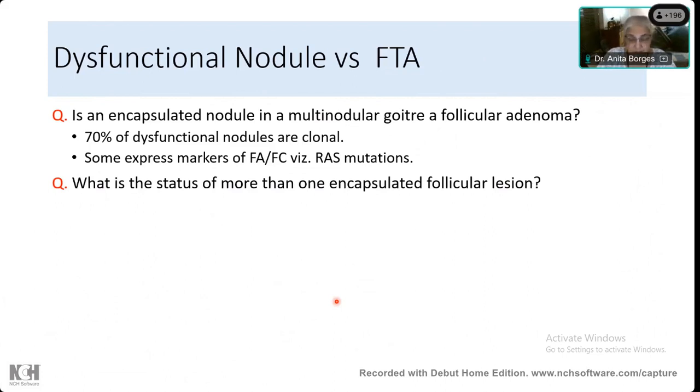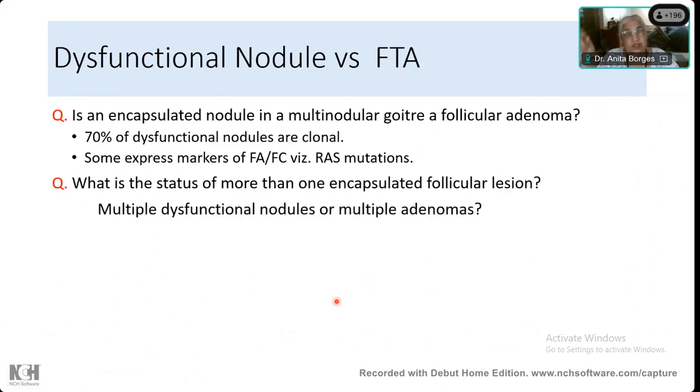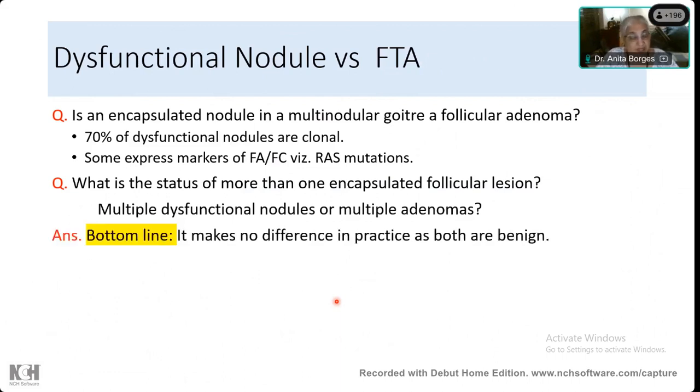All right, but this has been tackled in the 2022 WHO classification because what difference does it make whether you call these things multiple dysfunctional nodules or multiple adenomas? The bottom line is it makes no difference in practice as both are absolutely benign.